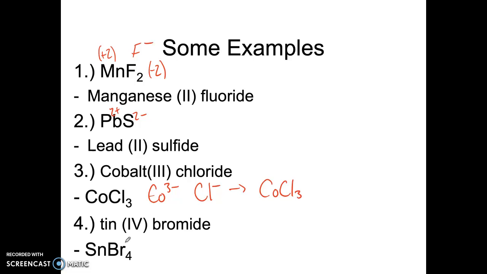It's just a one-sided, one-page sheet. And then there's another one where it's naming ionic compounds. And so that one's going to give you a bunch of compounds. It's two-sided, and you just write their names. And all of the answers will be on Schoology in the folder for ionic bonding.